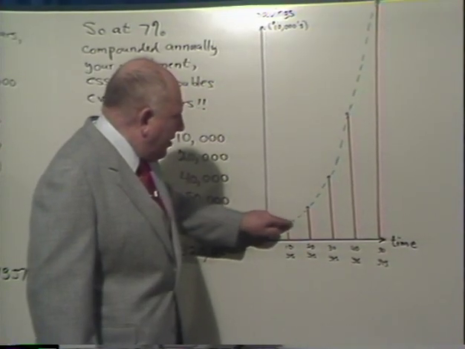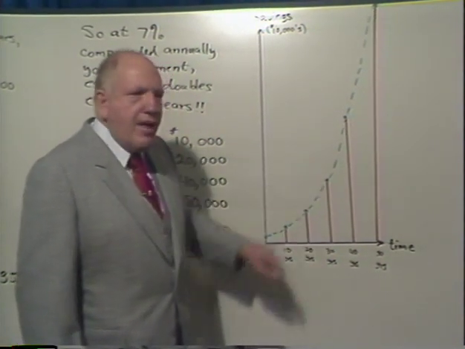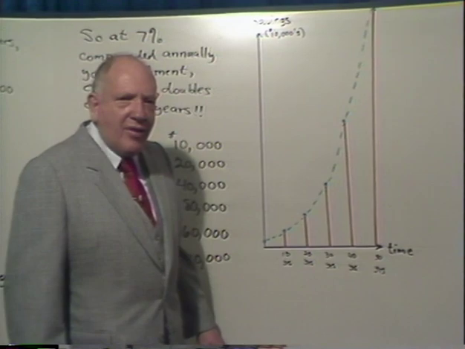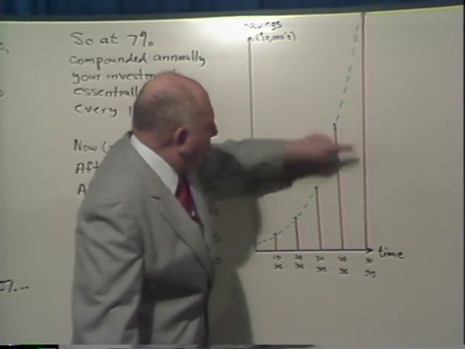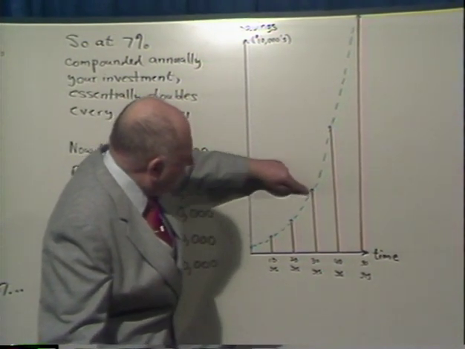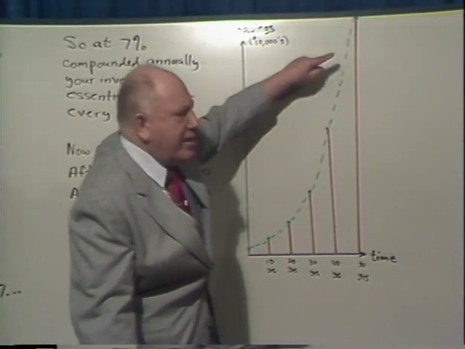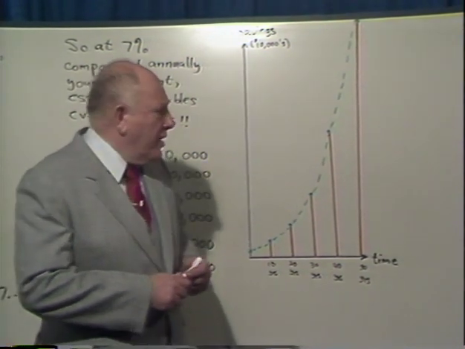This is 20,000. This is 40,000. What happens during the next 10 years? This goes up to 80,000. And you see what's going to happen over here. Each of these lengths is double the previous length. And so if you now try to visualize this in a graph, this is going to be a very steeply rising graph. And that's what we mean by exponential growth.